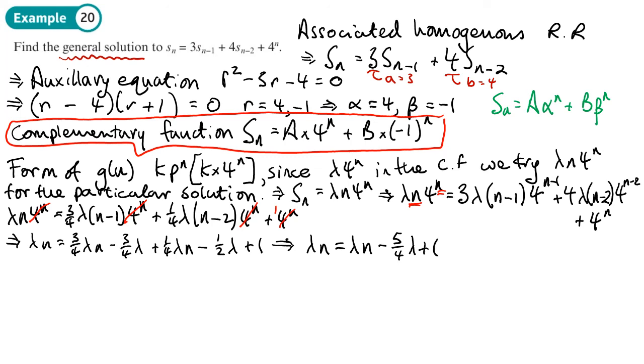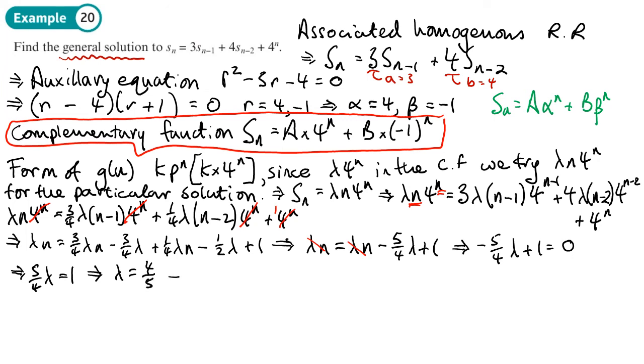Now we can take lambda n away from both sides, so that leaves the equation minus 5/4 lambda plus 1 equals 0. That means 5/4 lambda equals 1. Times both sides by 4, divide by 5, and we get lambda equals 4/5.